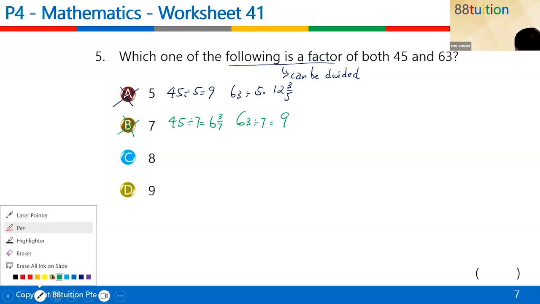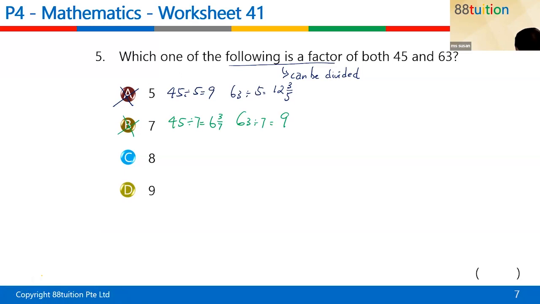Then let's take a look at this one. Can 45 be divided by 8? 8 fives is 40, so 5 and 5 over 8. Still got a remainder, cannot be divisible.